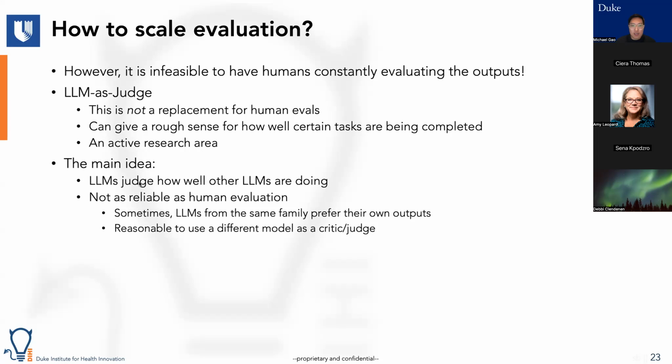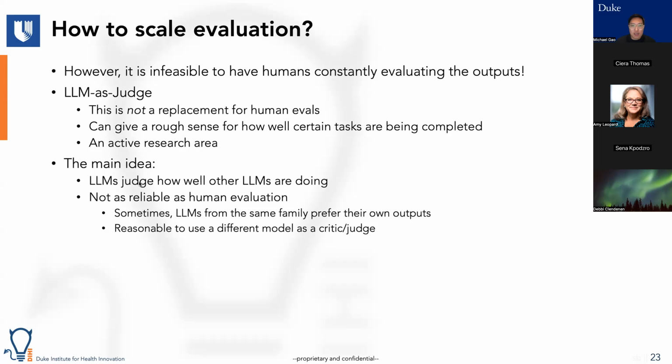The main idea of LLM as judge is exactly what it sounds like, which is that we use large language models to judge the outputs of other large language models. Now, again, if you've been paying attention, these are unreliable in multiple steps. Not only is the answer generation unreliable, but now you have this other judge on top of it, which has non-deterministic properties.